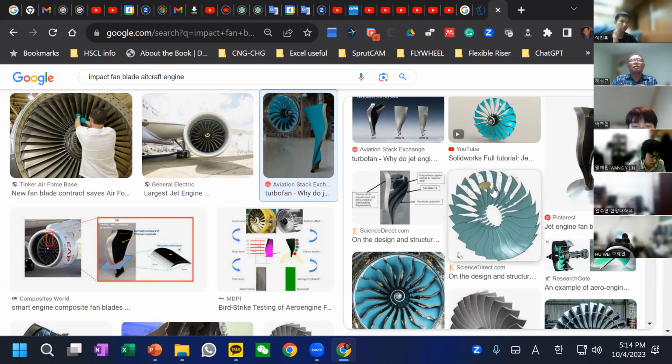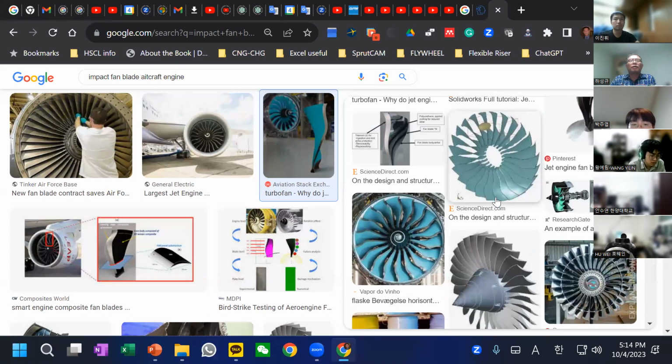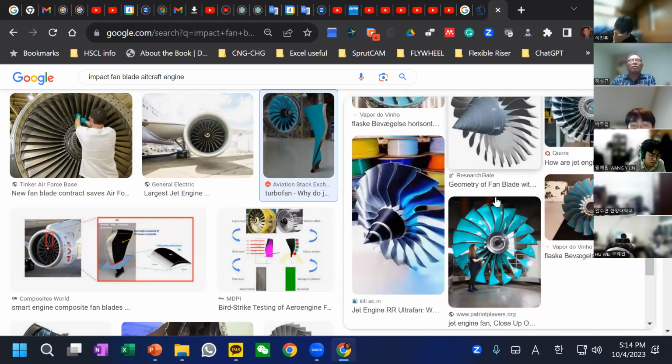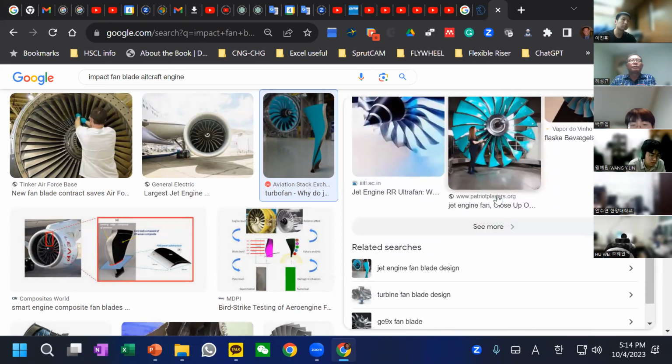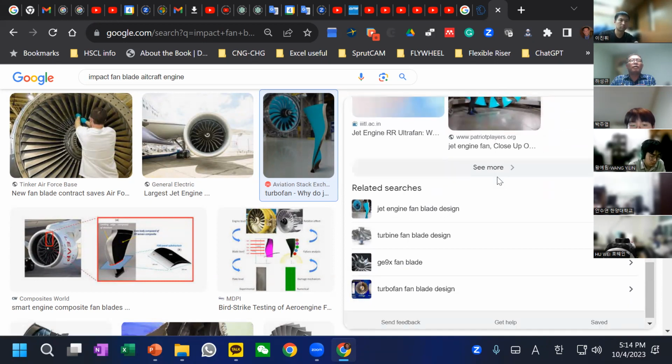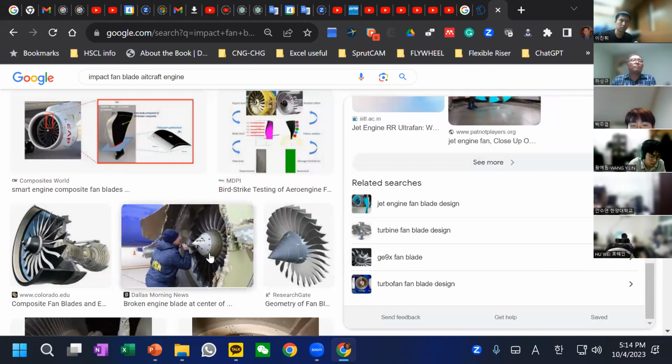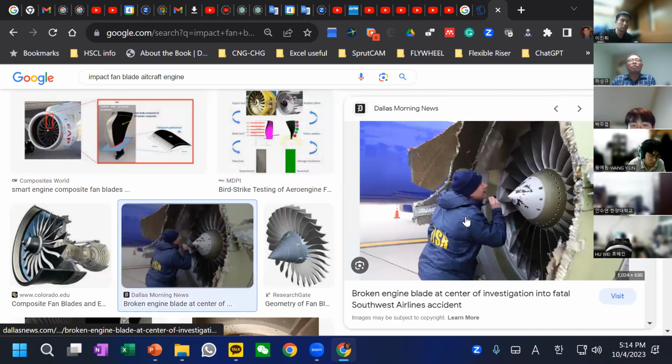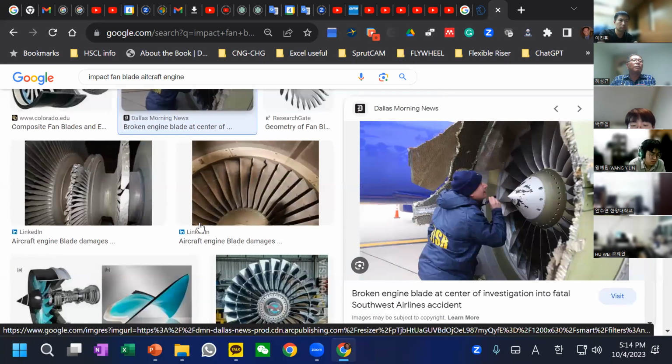You know, the flying bird. The biggest problem is bird impact on the fan blade. It can cause a really big catastrophic failure of the airplane, sometimes huge damage from the impact.